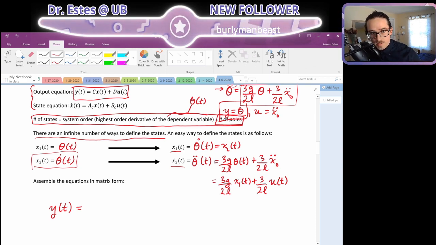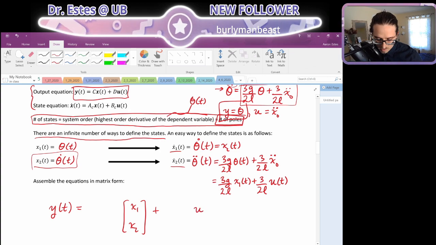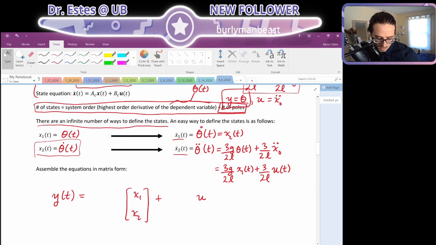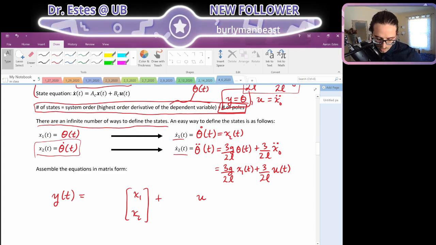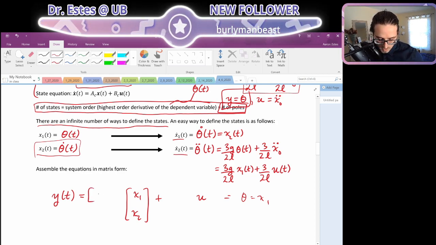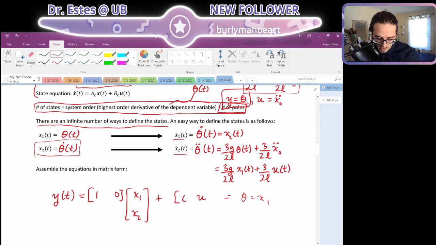Y is c times x plus d times u. So I'm going to put my state vector here, and then I'm going to put my input over here. And I know that y overall, this is just a note for myself, it should be equal to theta, which is equal to x1. So I need to set up a matrix equation to make this true. So this should be 1, 0 here, and then a 0 here.